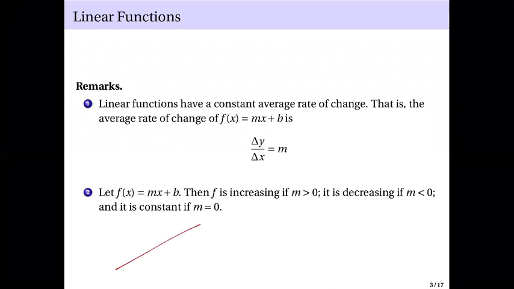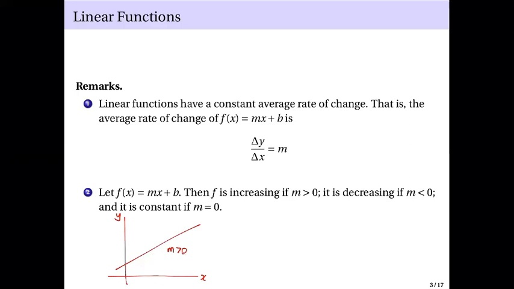For m positive, the graph will be slanting upwards from left to right, and it is increasing, meaning as you increase your x, the value of y will also increase. So if this is your Cartesian plane, this is your x, this is your y. As you increase your x, the value of y also increases. That is the case when m is positive.